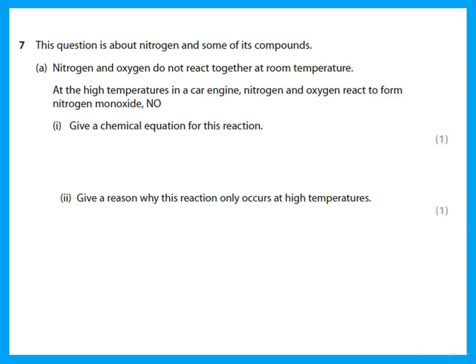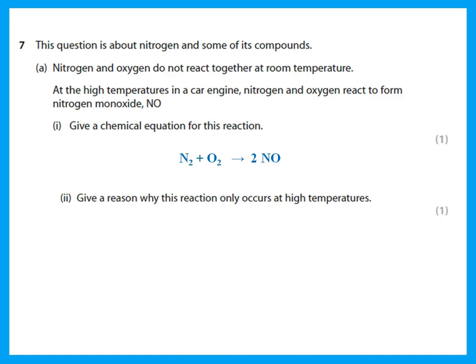Whether he mentions it or not, a chemical equation has to be balanced. So what is he saying? He's saying nitrogen. Remember that nitrogen is diatomic, so I write it as N2. Oxygen is diatomic, O2, and he's saying this will give me NO, and then I need to balance.